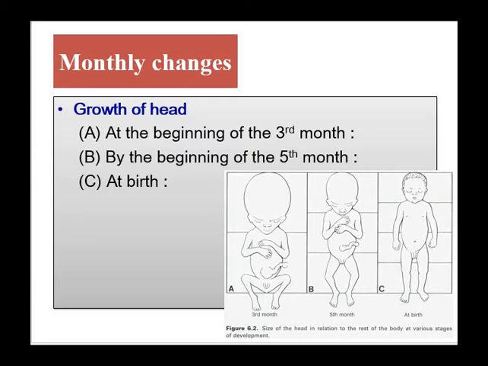During the fifth month of gestation, we can see the head size is around 1/3 of the whole body. At birth, only 25% of the size is occupied by the head, and the other 75% by the rest of the body.